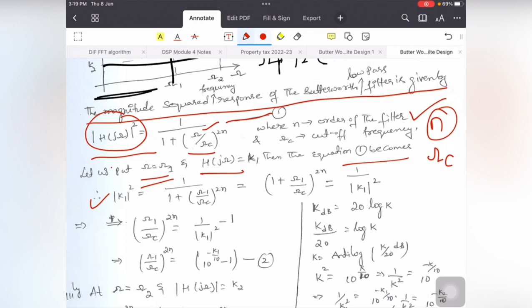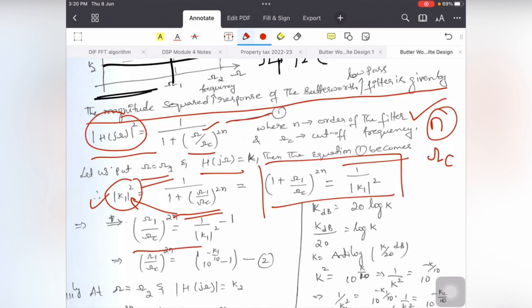Now we will take this term to the LHS and it will come to the denominator. You will get 1 plus (omega 1 by omega c) whole power 2n equal to 1 divided by magnitude of k1 square. Now I will keep (omega 1 by omega c) whole power 2n and bring this 1 to the RHS. I can rewrite this equation as (omega 1 by omega c) whole power 2n equal to 1 divided by magnitude of k1 square minus 1.